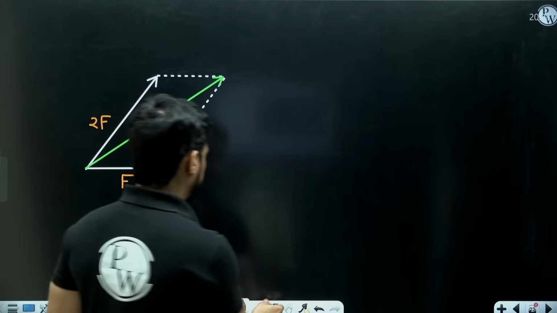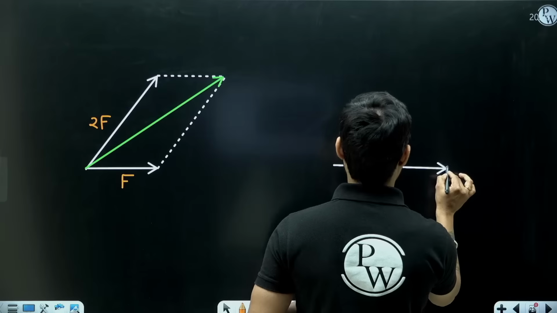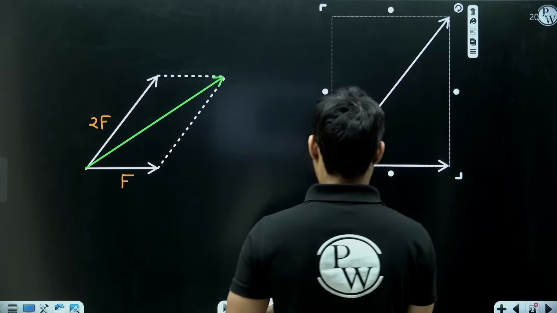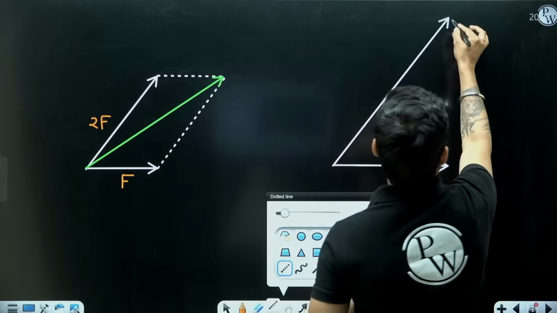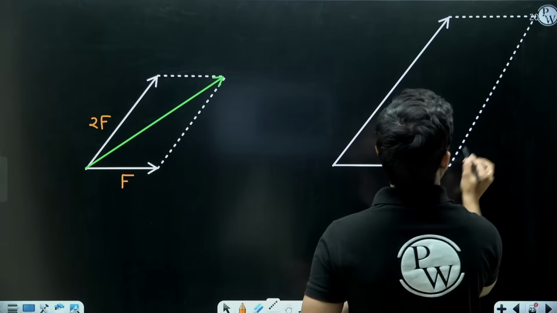Now they are saying that if I increase F by 12 kilonewton and if I double 2F like this, the line of action of the resultant remains same.